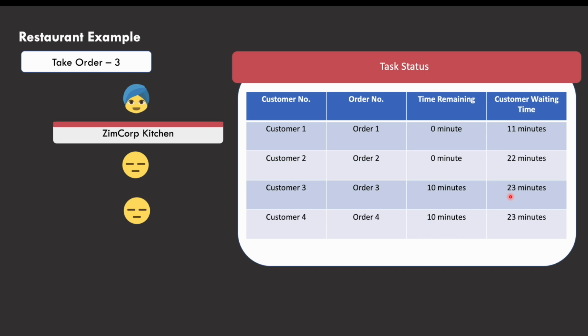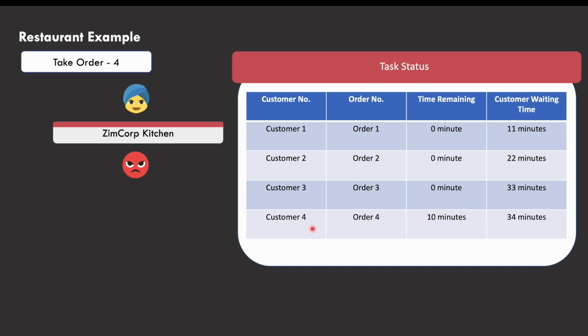So now customer 3 and 4 have been waiting for 23 minutes, and as usual, the chef prepares order number 3. So customer 3's order has been finished, and customer 3 had to wait for 33 minutes. So customer 3 leaves kind of dissatisfied, and now finally the chef starts to take order number 4.